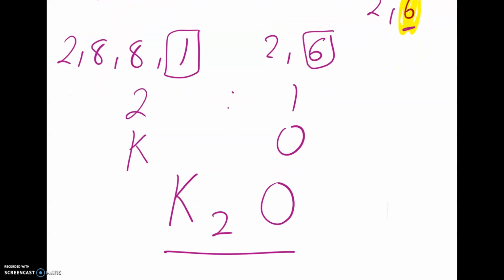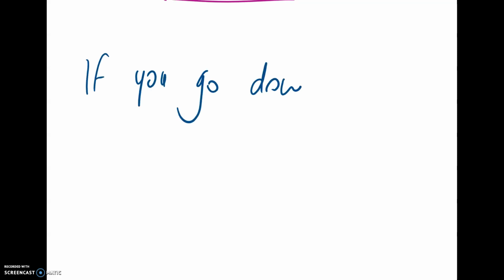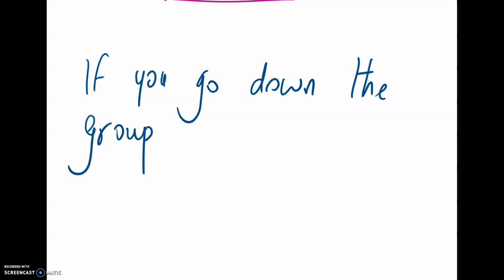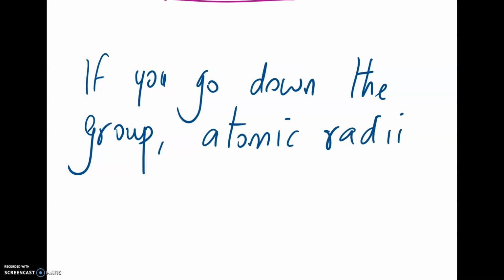The other thing we can use the periodic table for that you need to know is if you go down the group, the atomic radii is getting bigger.